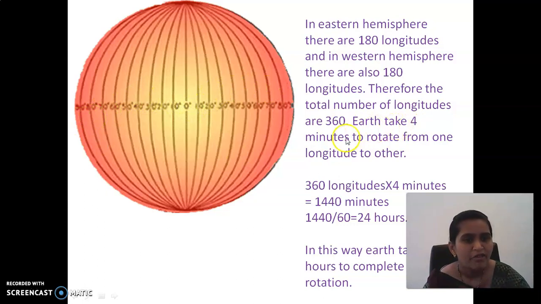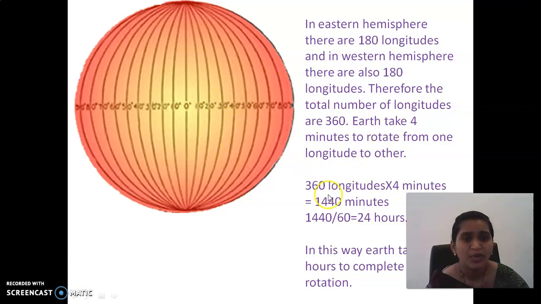Earth takes 4 minutes to rotate from one longitude to another. So if Earth rotates from 0 degree longitude to 1 degree longitude, it will take 4 minutes.